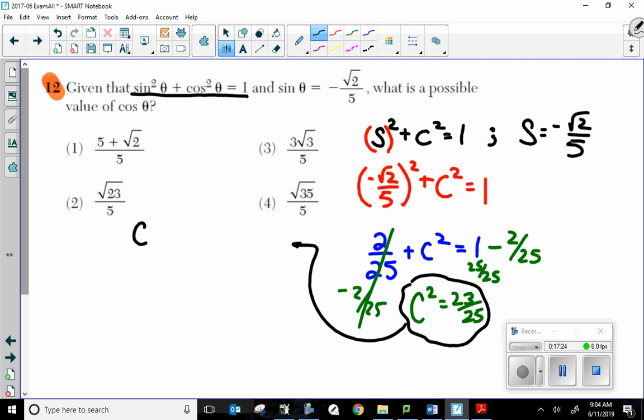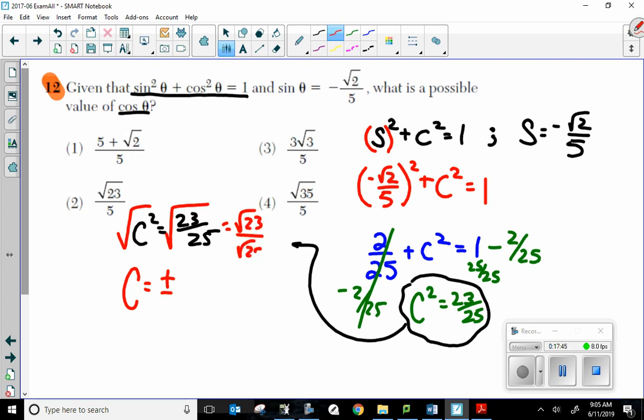I'm going to continue this over here. Now, if c squared equals 23 over 25, I want cosine. I don't want cosine squared. So the opposite of squaring is square rooting. So I've got c equals plus or minus, don't forget. The square root of a fraction is the same thing as the square root of the top over the square root of the bottom.